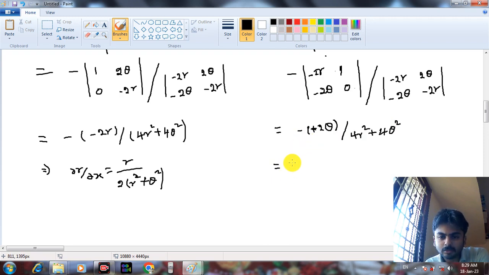So that is equal to minus of, we can take 2 common outside, so minus theta divided by 2 into r square plus theta square.